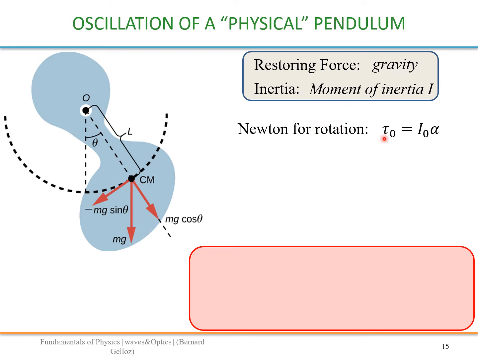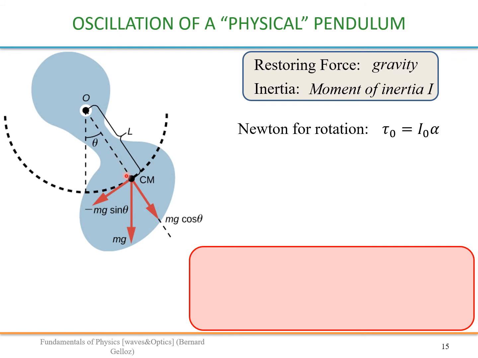It is the torque. You have different ways of calculating the torque, but one way is to take the component of the force, the force is mg here, that is perpendicular to the distance of the point to the axis of rotation.